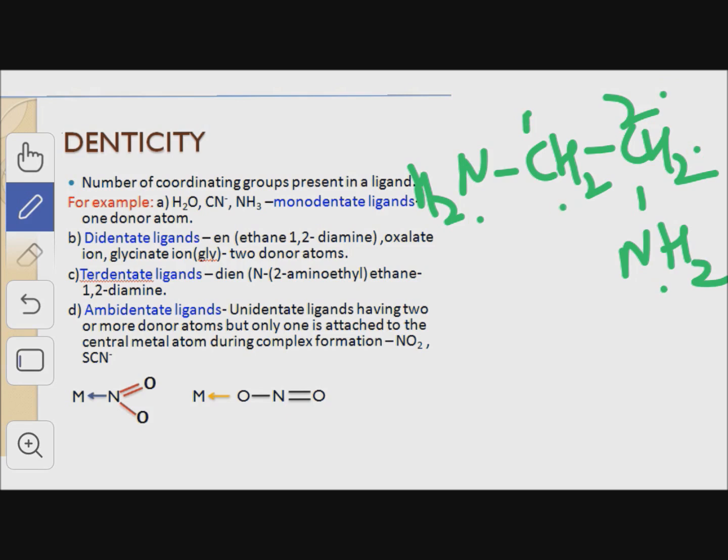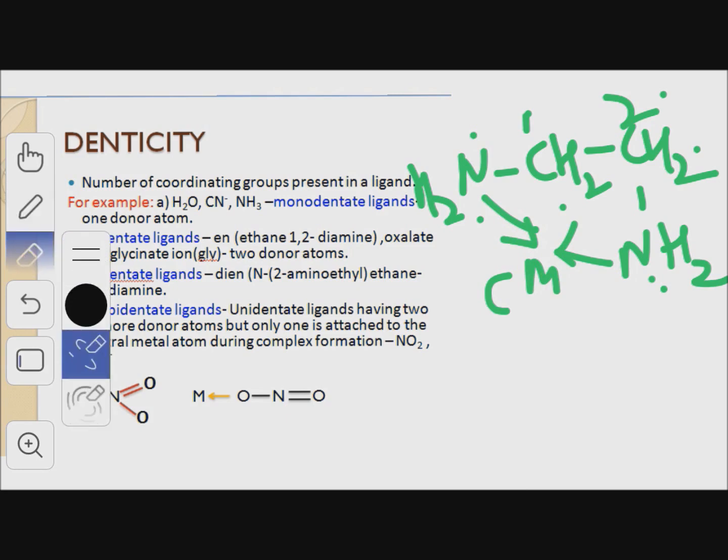And the next example of a didentate ligand is the oxalate ion. Here in ethane 1,2-diamine, two nitrogen atoms form coordinate bonds with the central metal atom.